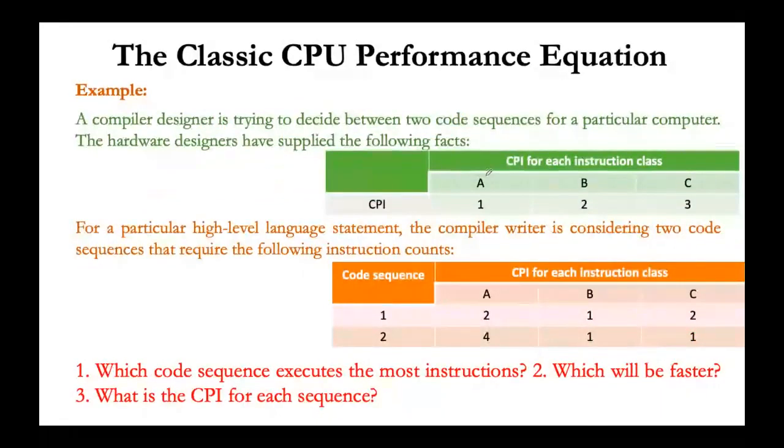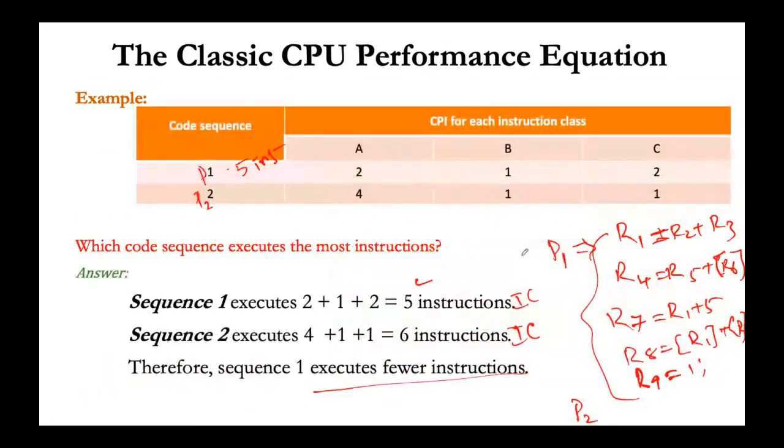Given that to execute any program, A takes 1 clock cycle per instruction, B takes 2 clock cycles per instruction, and C takes 3 clock cycles per instruction.